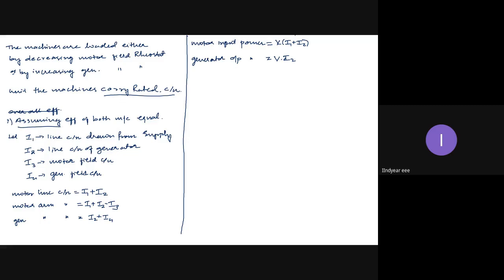Already we have assumed the efficiencies of both machines are equal. So with that, the motor output equals efficiency into motor input, which equals efficiency into V into I1 plus I2.